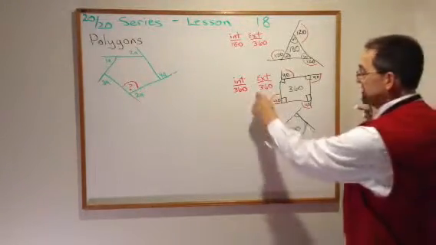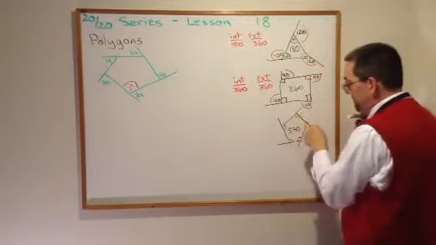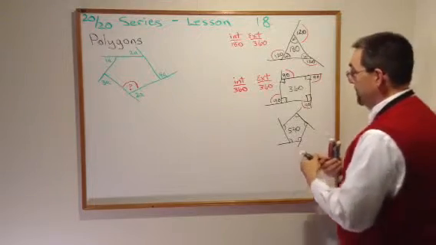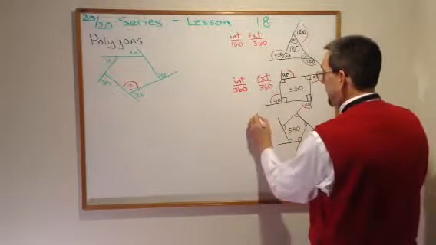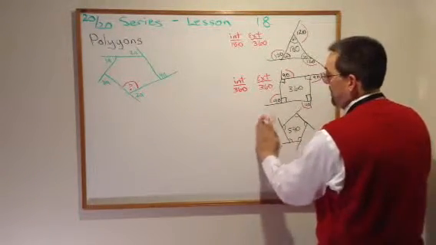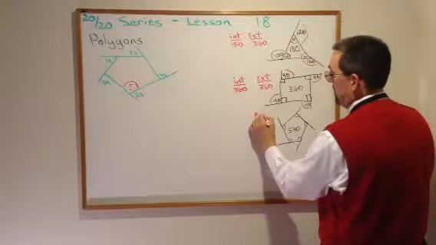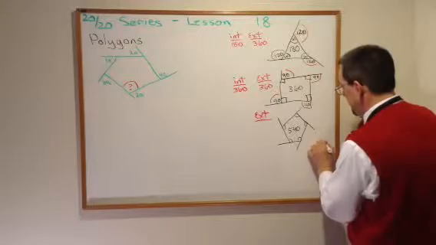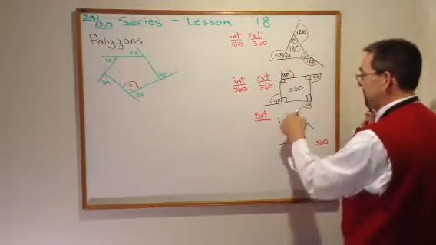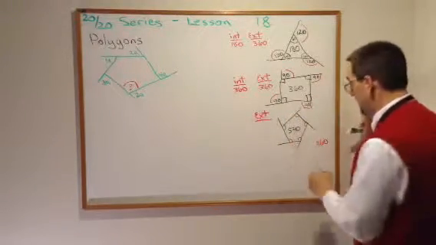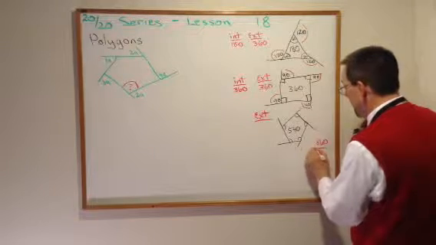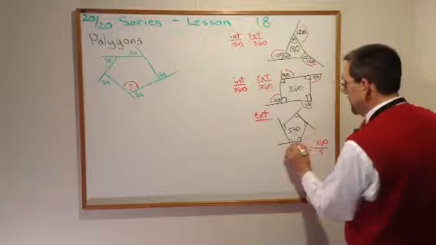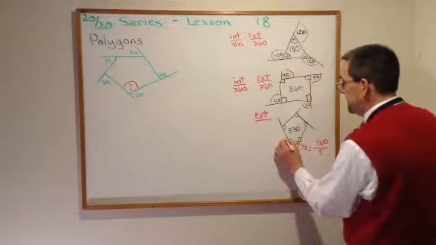And if it's always 360, to find the measure of the exterior angle, we could actually take 360, 1, 2, 3, 4, 5, pentagon, 5 angles, divided by 5, and we're going to get 72. So each one of these is 72 degrees.